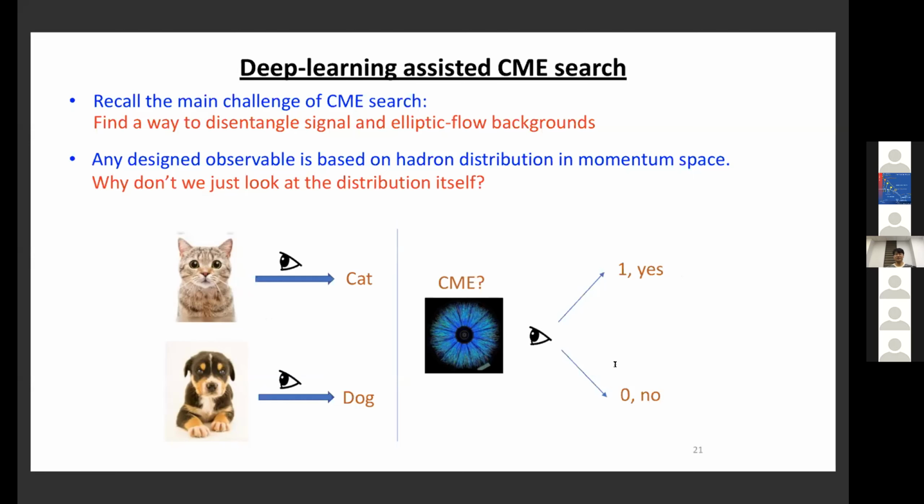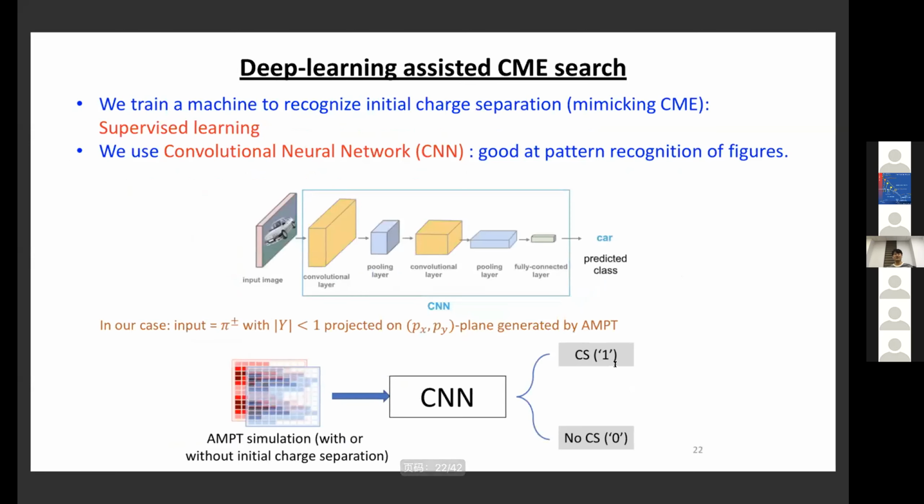This is very similar to the cat-dog problem, which is already known to be done very well by machine learning methods. So we train a machine to recognize the initial charge separation, which will mimic the CME.